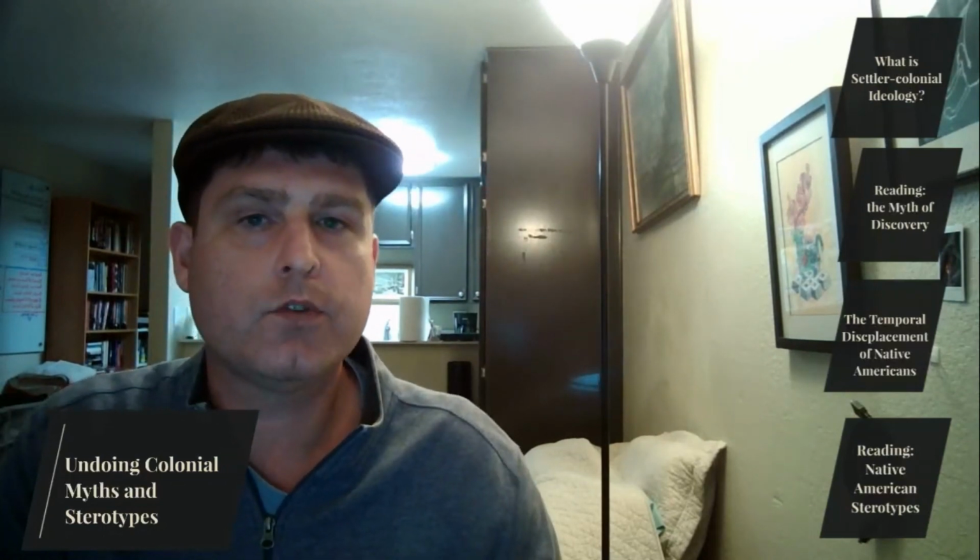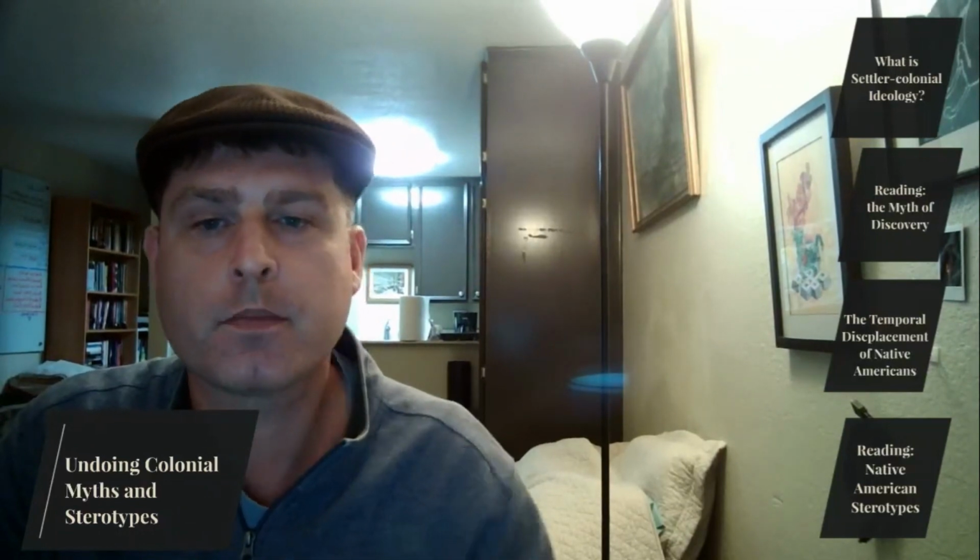It described how the myth of Europe's so-called discovery of the Americas became the foundational myth of the United States. After Columbus landed on the Caribbean islands, which he believed were part of South Asia, he described the land as being populated by a native population in need of conversion and salvation.